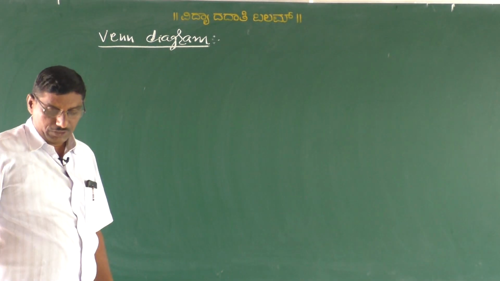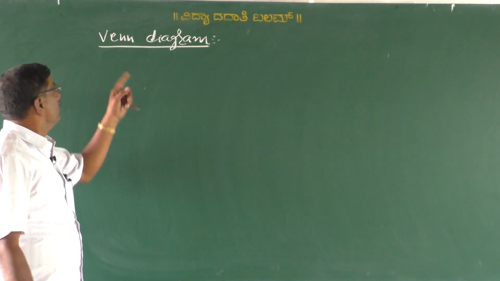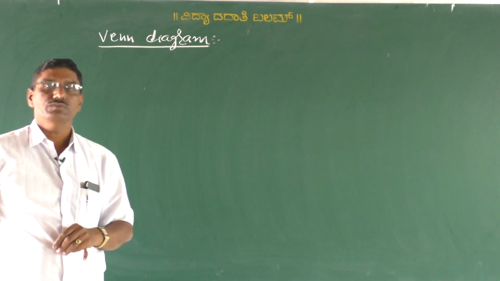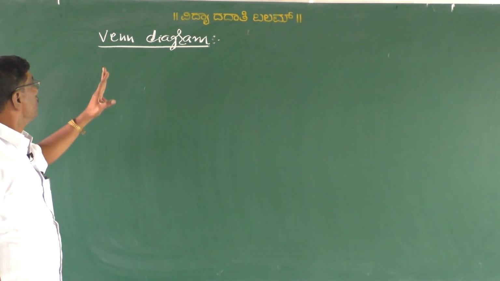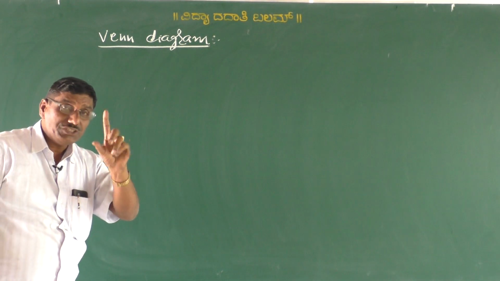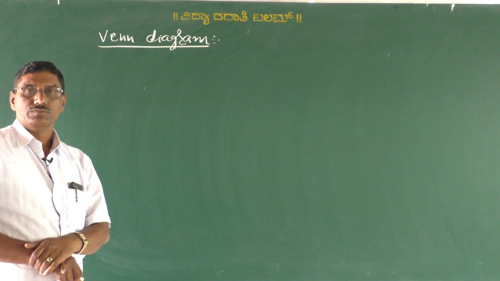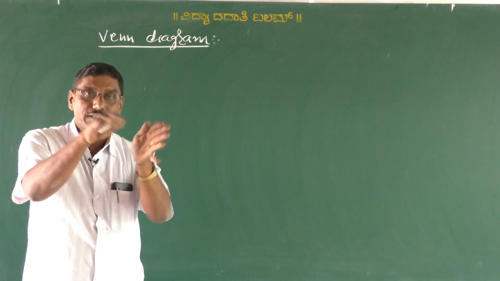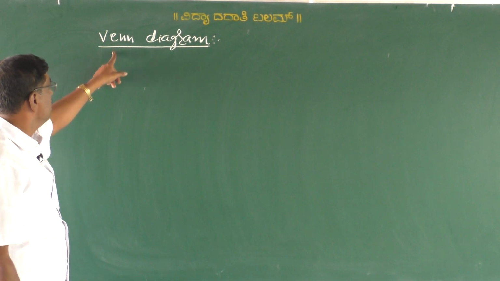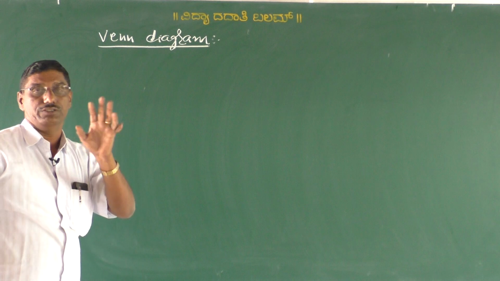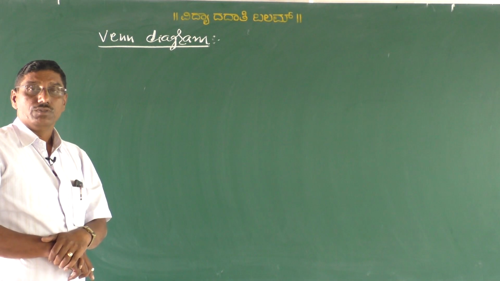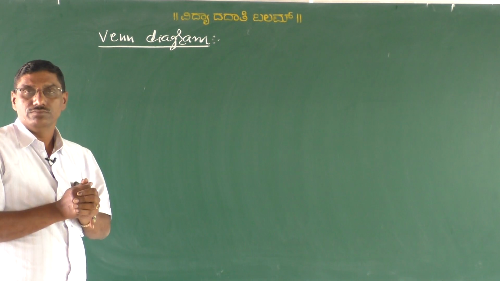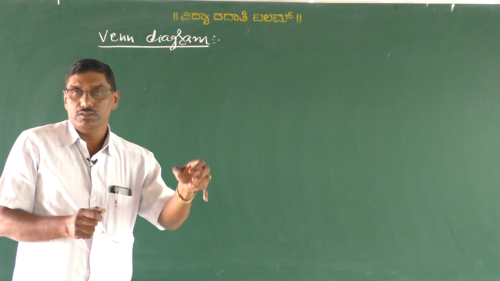Venn diagram. My dear students, these are the diagrams that help to tell the relationship between sets and its subsets. That means these are the diagrams used to tell the relationship between a set and its subsets.